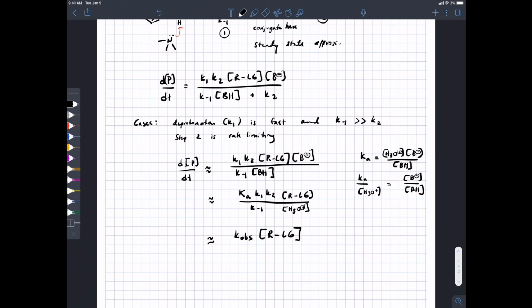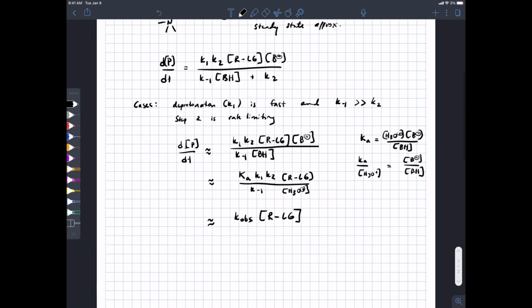Everything else, every other term, is a constant. All right. So I would say that's case number one. That is sort of the classic E1CB mechanism.